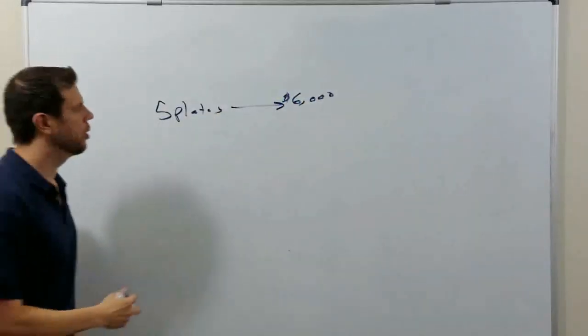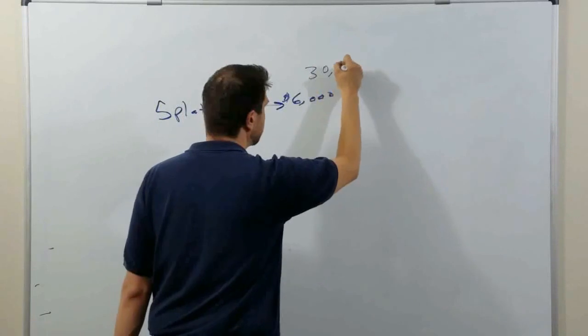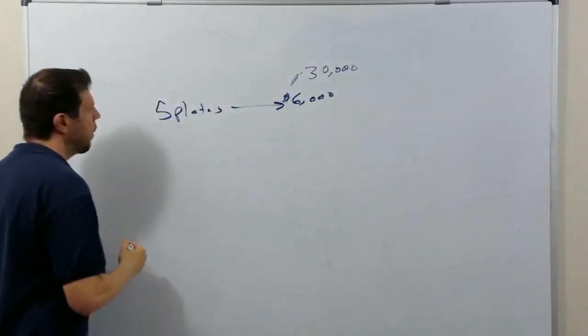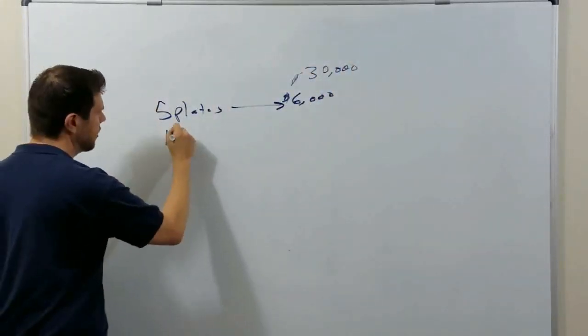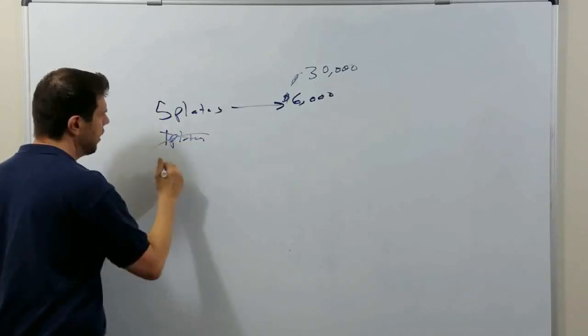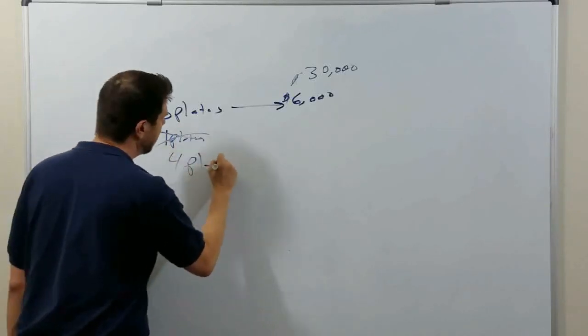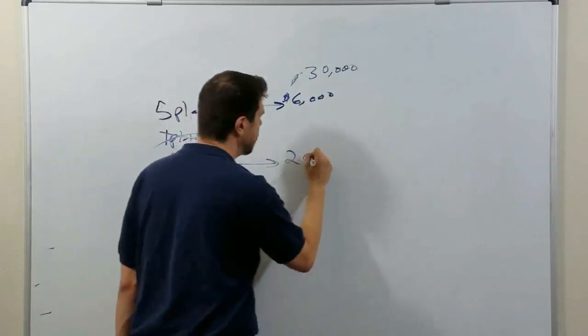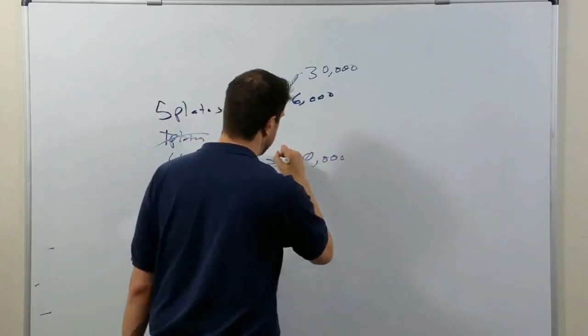So total, they're worth $30,000. One of the plates breaks. So you now have 4 remaining plates valued at $20,000 total.